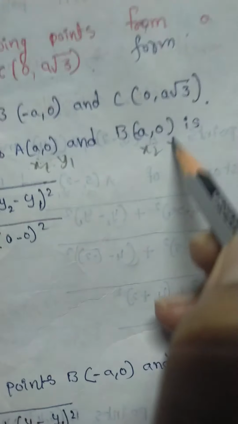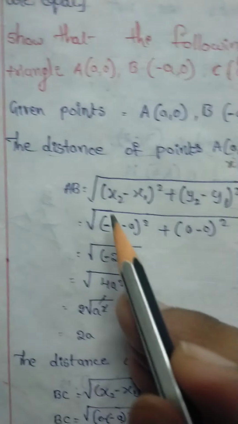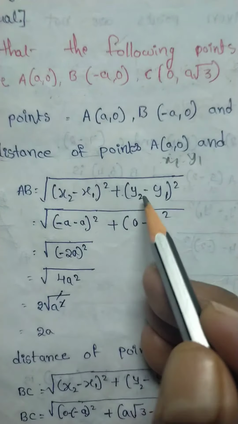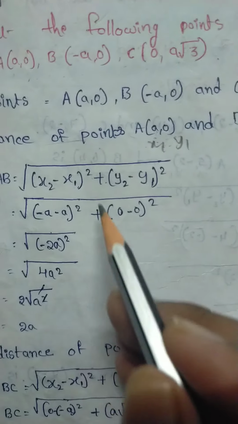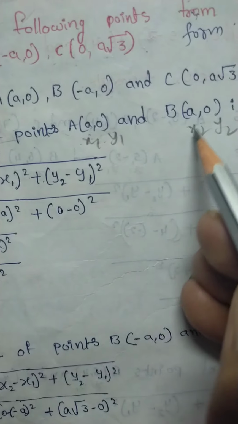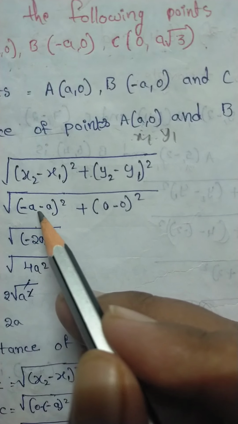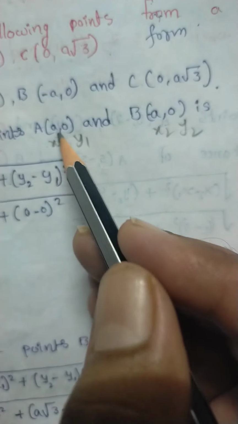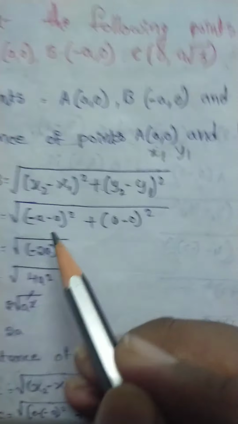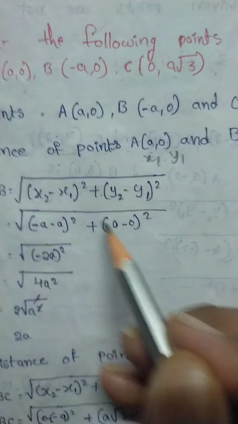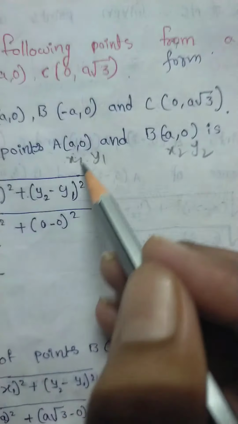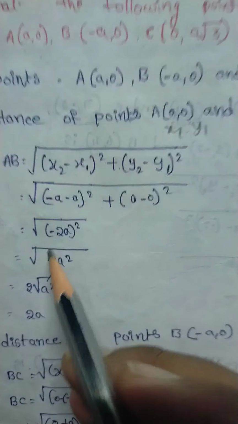Here take x2, y2 for B. First formula: AB equals the square root of (x2 minus x1) whole square plus (y2 minus y1) whole square. x2 is minus a, minus x1 which is 0, whole square, plus y2 0 minus y1 0 whole square.